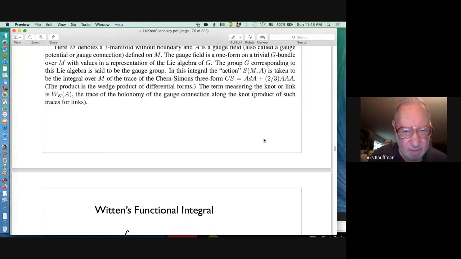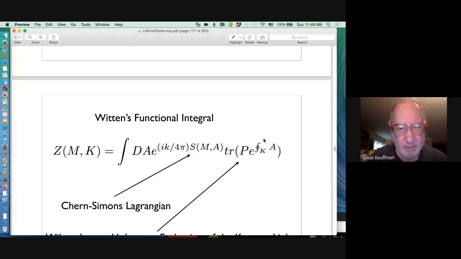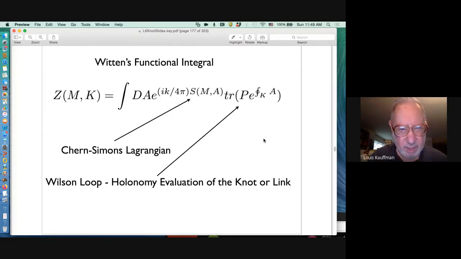So we'll be going back over this in a moment, but I'm giving this to you in detail, and then a little more detail, and then a little more detail. So here's the special weighting factor involving the Chern-Simons Lagrangian. That S of M, A is the integral over three-space of the trace of the Chern-Simons form. And this is the Wilson loop. The Wilson loop is usually expressed in this way: you think of integrating the gauge field around the knot, and you exponentiate that.